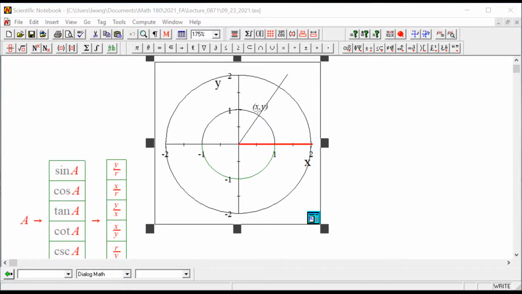I pick a point on the unit circle versus I pick a point on a non-unit circle. Suppose I work with a non-unit circle. Okay, I got a right triangle. I want to use a different color because I've been using different colors. So now on this triangle, the point is x comma y. This point is x, y.